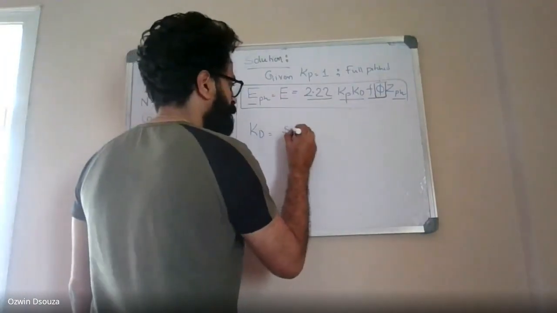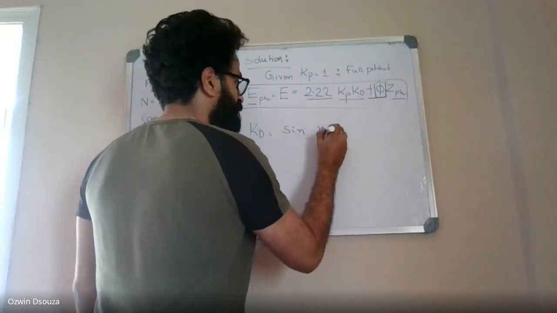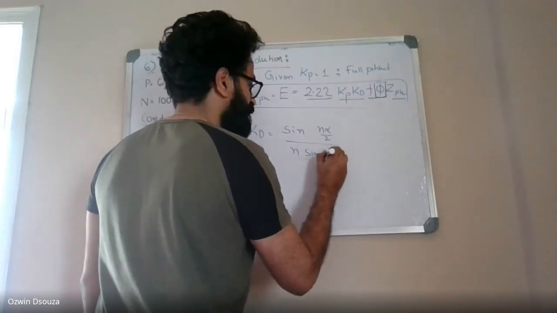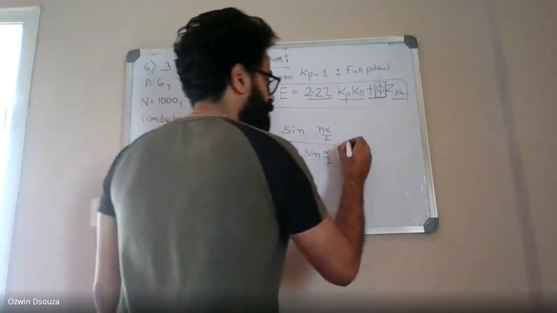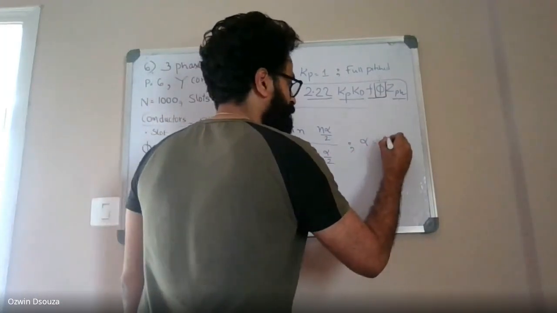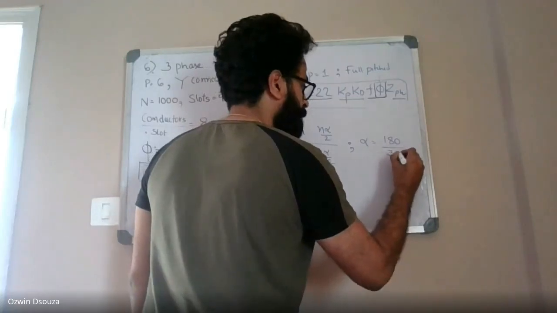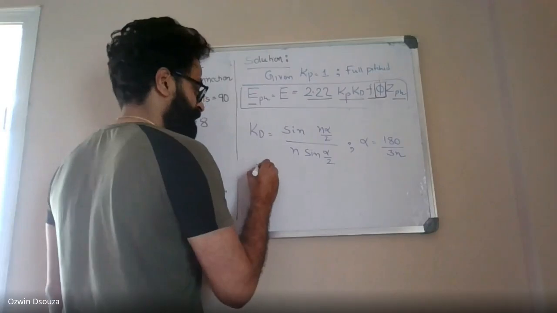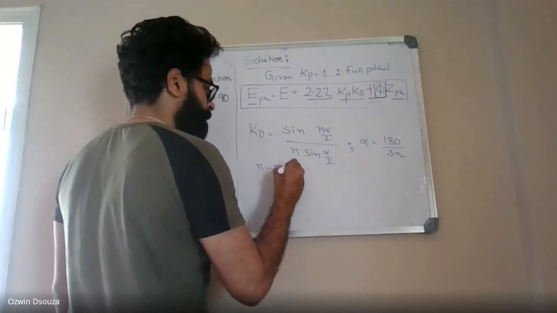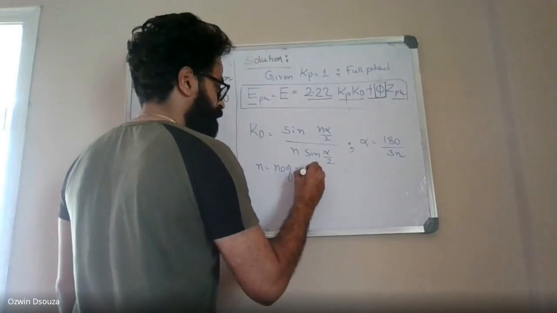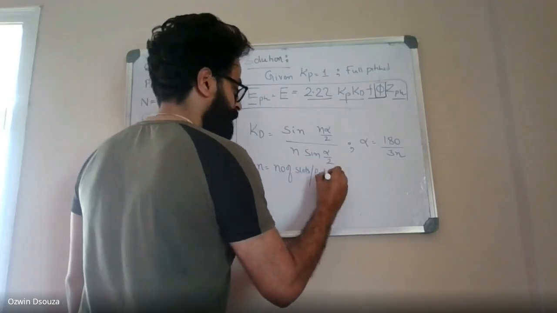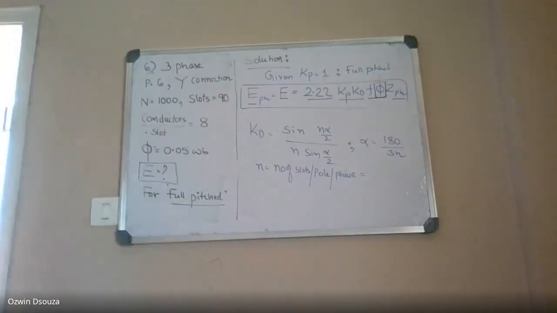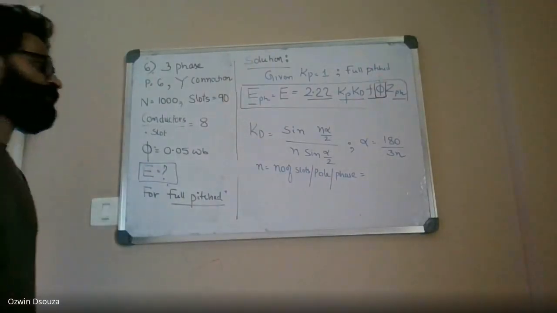So Kd is equal to sine n alpha by 2 divided by n into sine alpha by 2, where alpha is equal to 180 divided by 3n and n is equal to the number of slots per pole per phase.